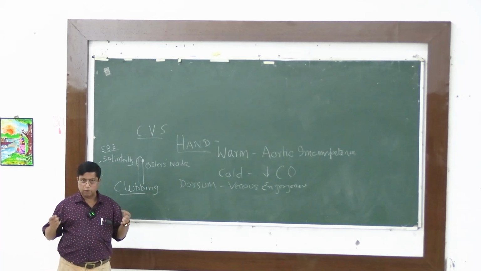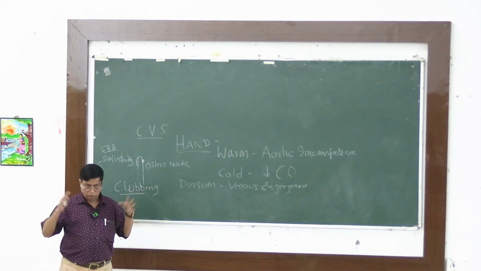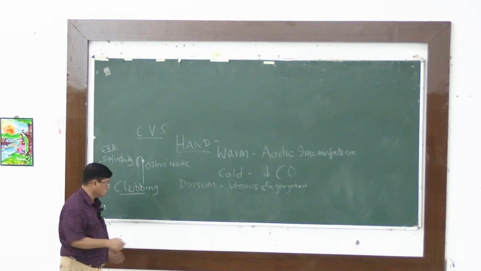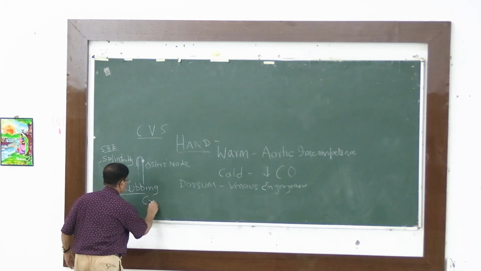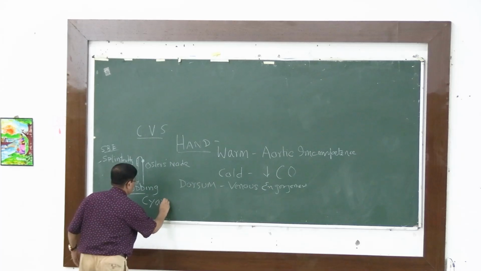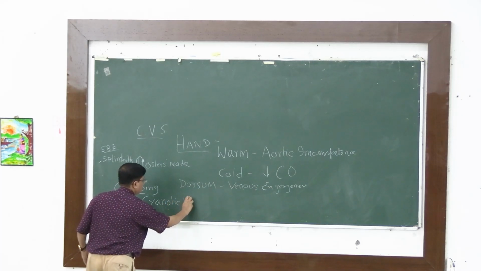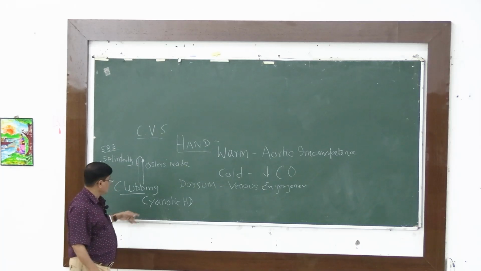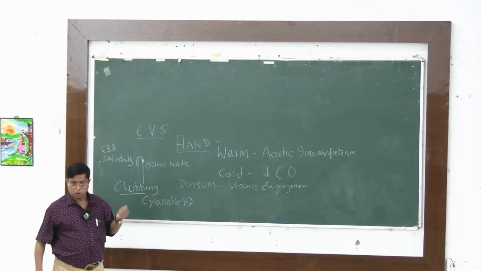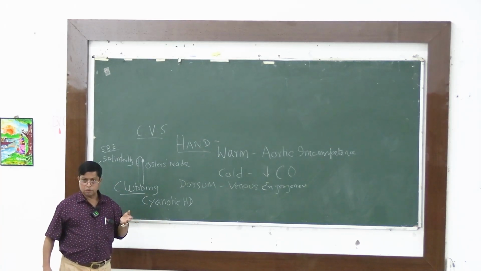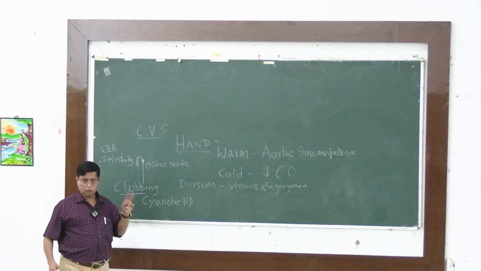You know that there are various causes of clubbing. In cardiovascular disease, we see it in cyanotic heart disease. Cyanotic heart disease means there is cyanosis. What are the causes of cyanosis because of heart disease? There are two types.